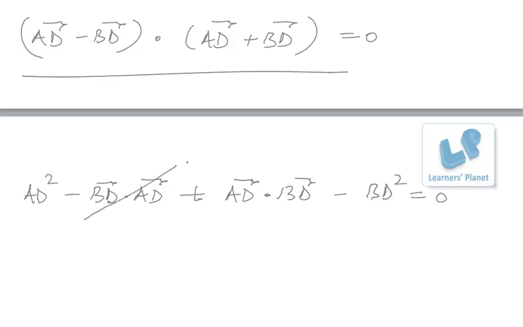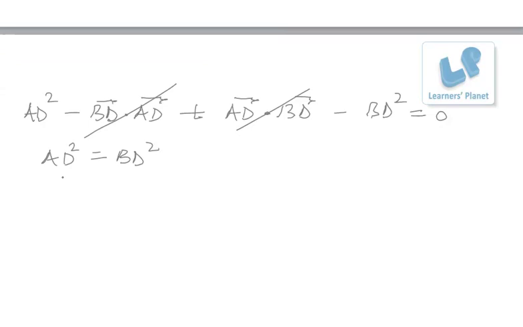Now by the commutative law, these middle terms will be equal and they will cancel each other out. So AD squared is equal to BD squared, which means that AD is equal to BD.